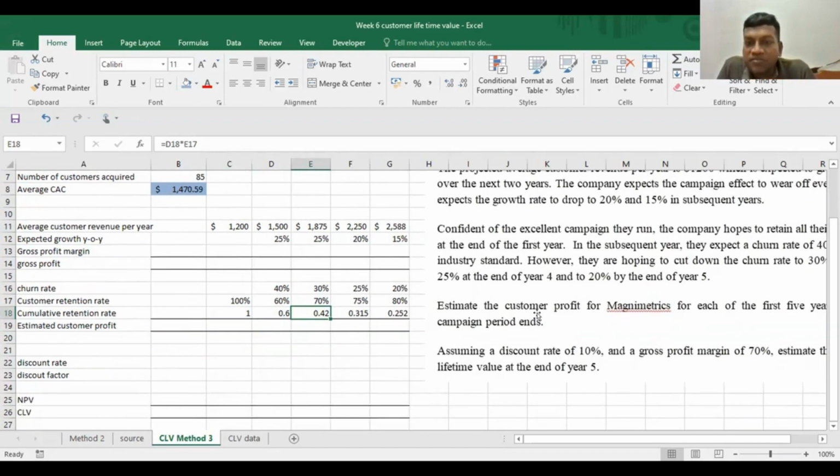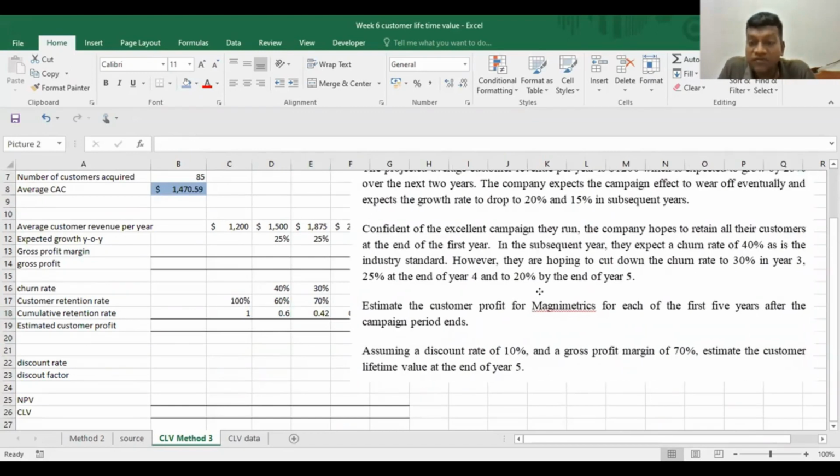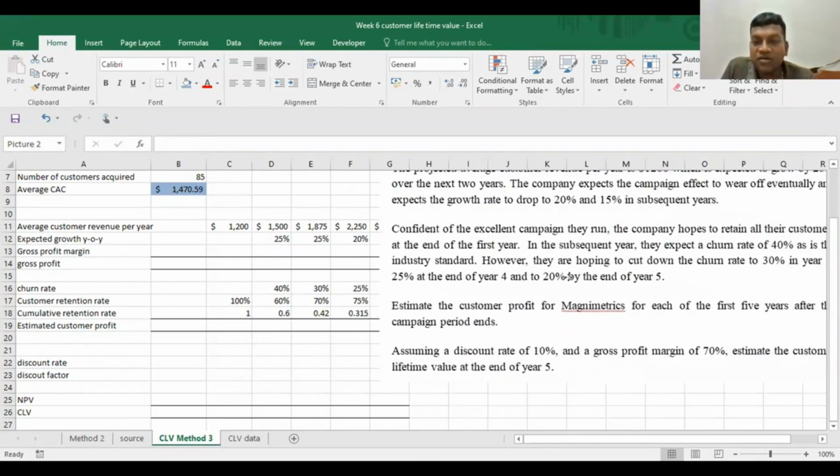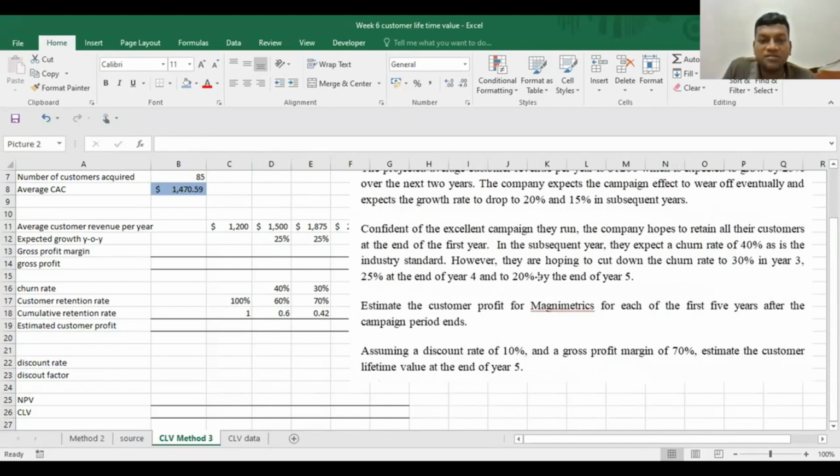Now estimate the customer profit for Magnimetrics for each of the first 5 years and after the campaign period ends. So estimate the customer profit for Magnimetrics. And then assuming a 10% discount rate and a gross profit margin of 70%, estimate the customer lifetime value at the end of year 5.